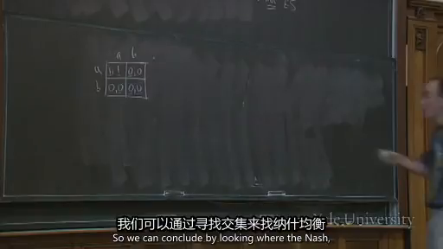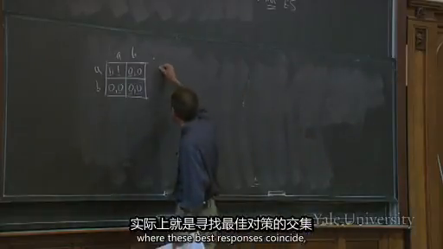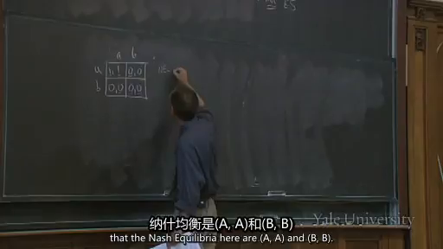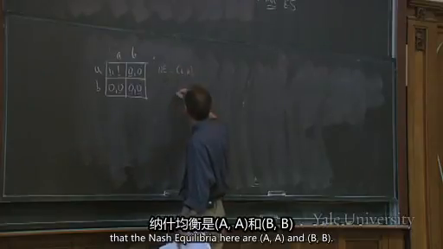So we can conclude, by looking at where these best responses coincide, that the Nash equilibria here are AA and BB.